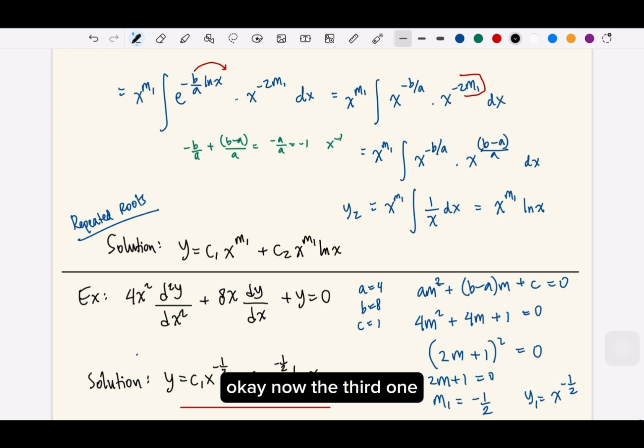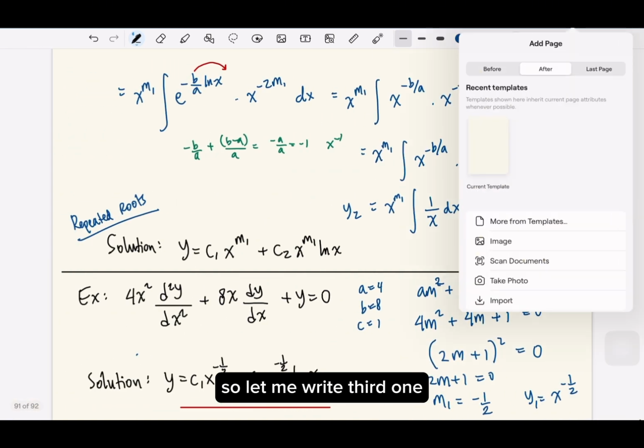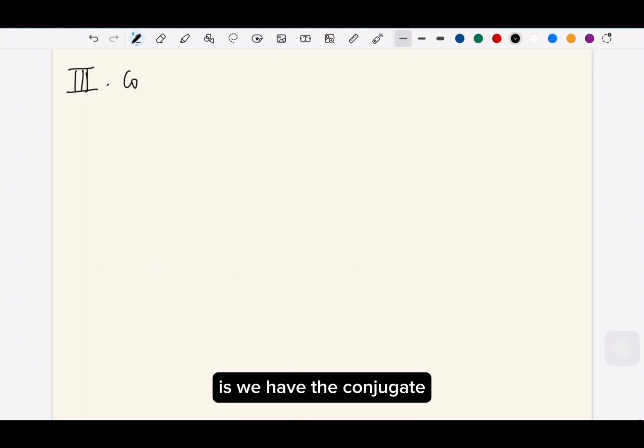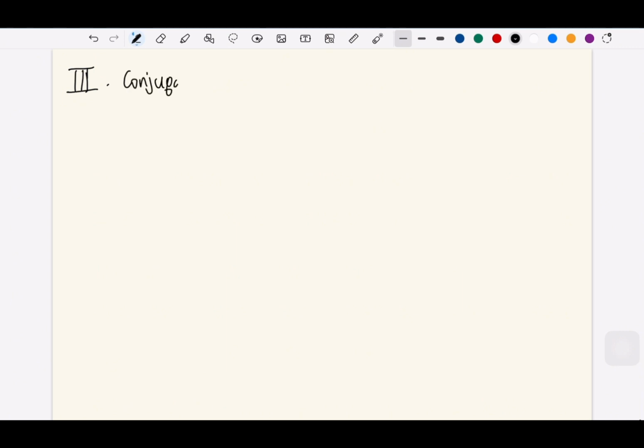Okay, now the third one. Let me write the third one: we have the conjugate complex roots.